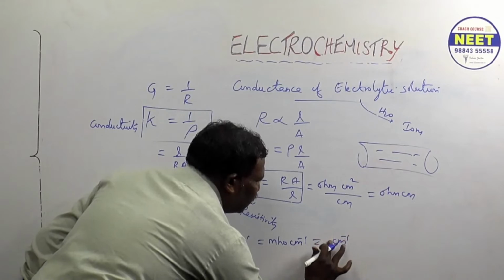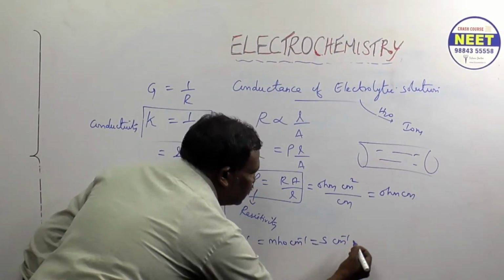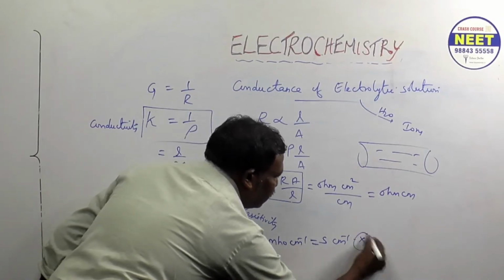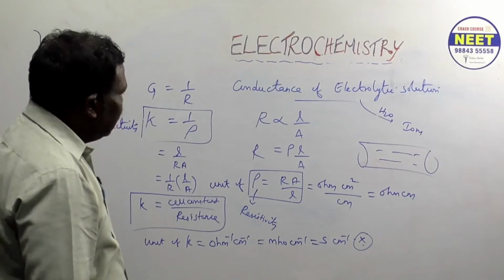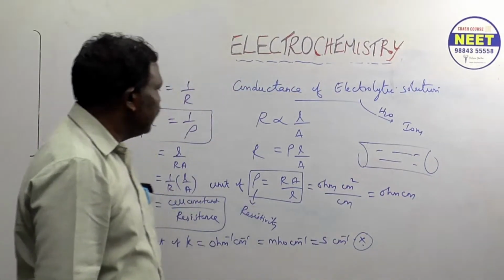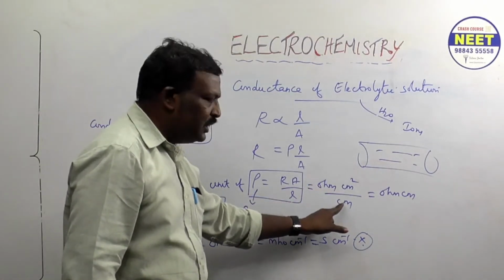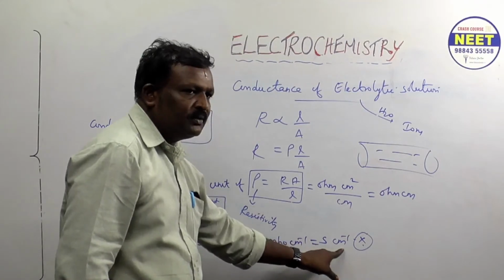It's called Siemens. Instead of this, we can use Siemens, so S is the unit for that. Very, very important. Keep in mind. So the unit of kappa is equal to Siemens centimeter inverse, or we can say Siemens meter inverse. Both are the same. If you measure in centimeter, we can use centimeter inverse. If you measure in meter, we can use meter inverse. Okay. Right.